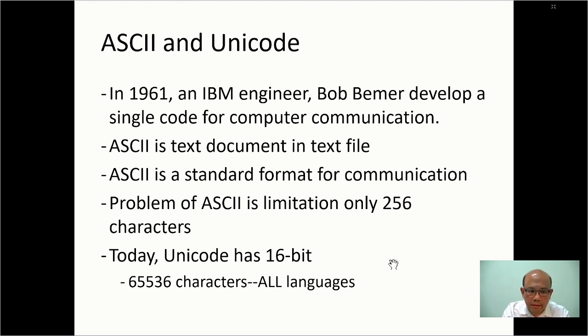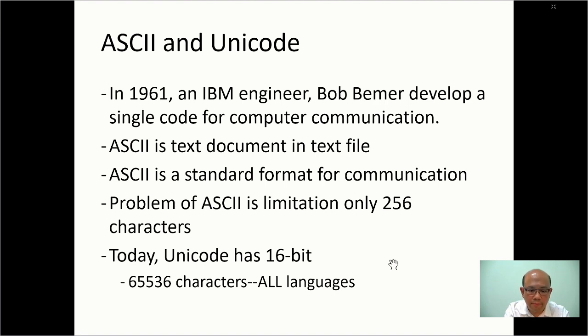However, the original ASCII code has only 8 bits. Its limitation is only 256 characters. But today, most computers, as displayed in the browser, use Unicode.